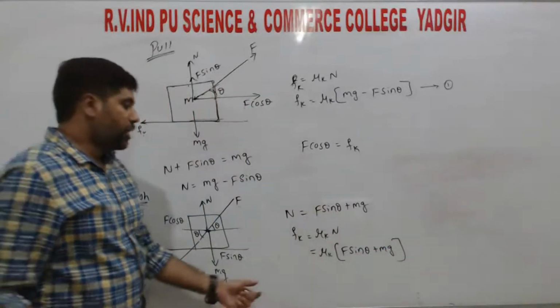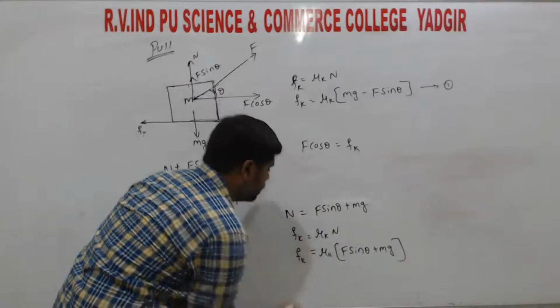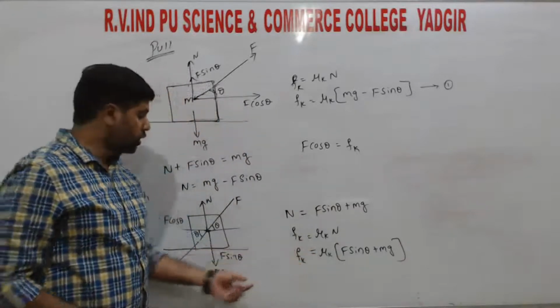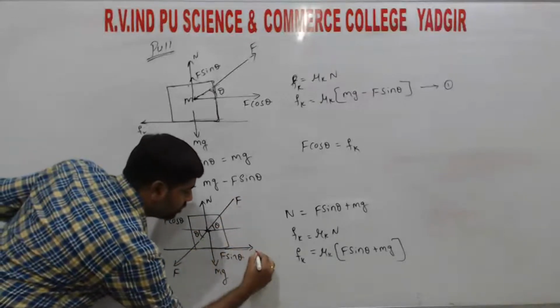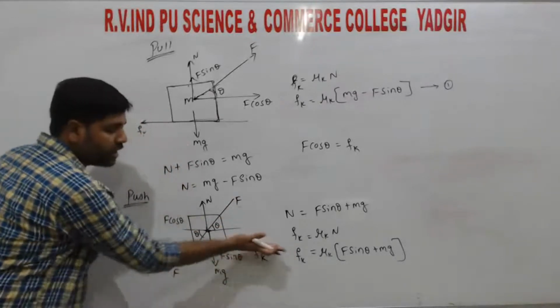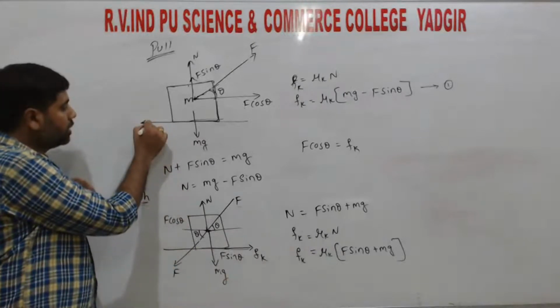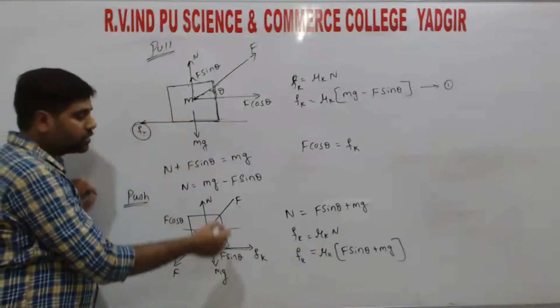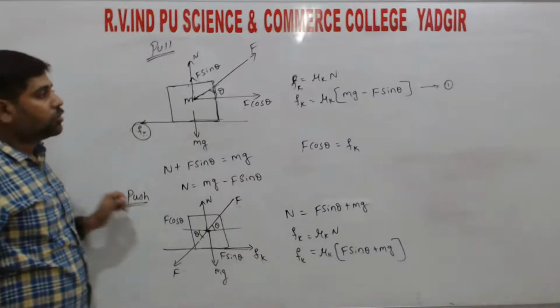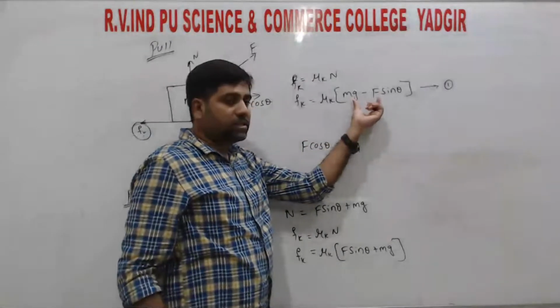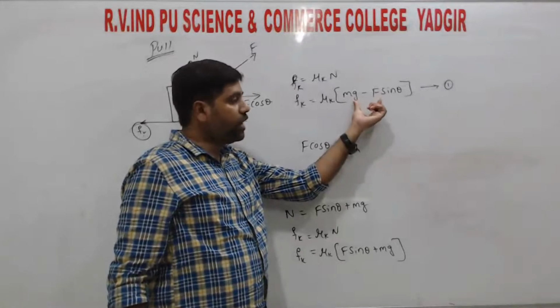So what can we observe from this? This one is the frictional force. If the force acts in this direction, friction will be in the opposite direction. In pulling, the term subtracts, so there is a difference, and a difference means the value will be less.